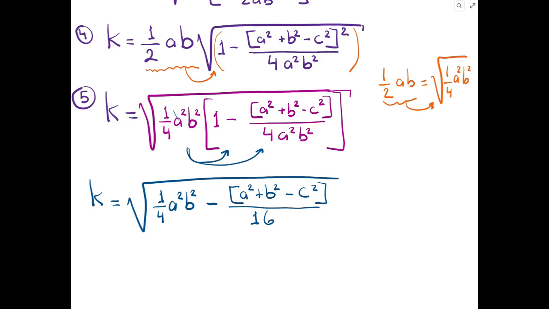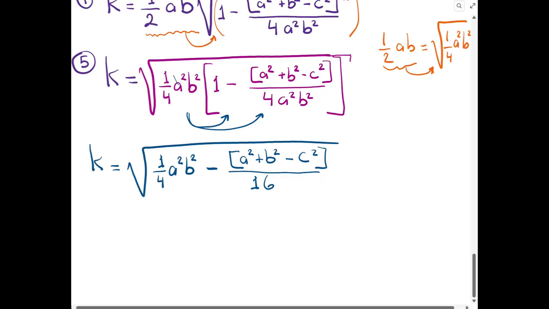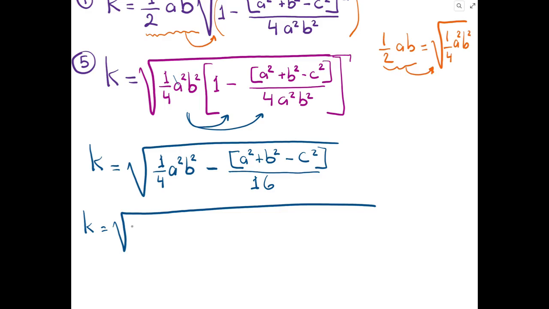And what I'm going to do now is I want to get rid of this fraction. So I am going to factor out a 1/16 so I can get rid of my fractions. So I'm going to say, okay, 1 over 16. If I do that, that means I need a 4 up here, a squared, b squared.